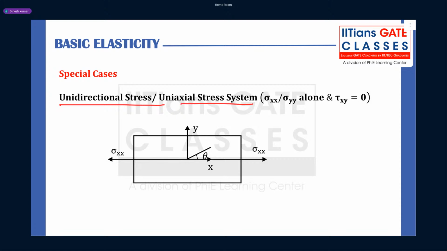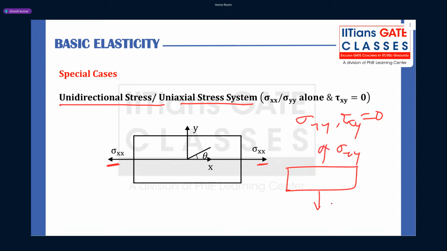Uniaxial stress system means you have, suppose, only sigma xx, which means your sigma yy and your tau xy are 0. Or you can have another case where you have only sigma yy. Then your sigma xx and tau xy are 0. So this is uniaxial.